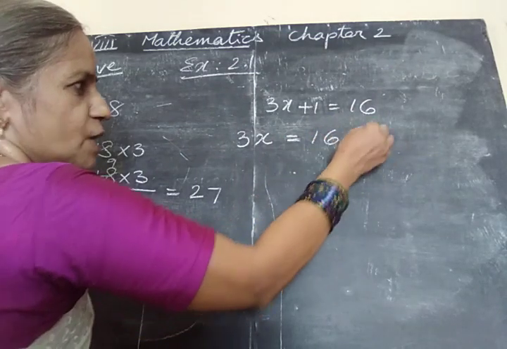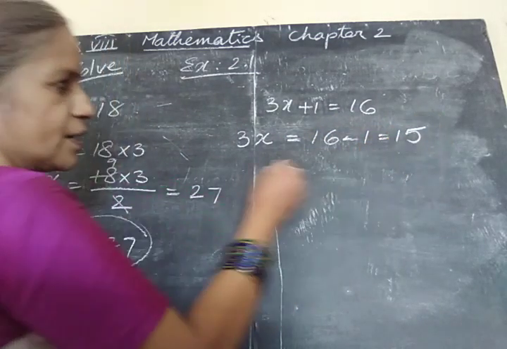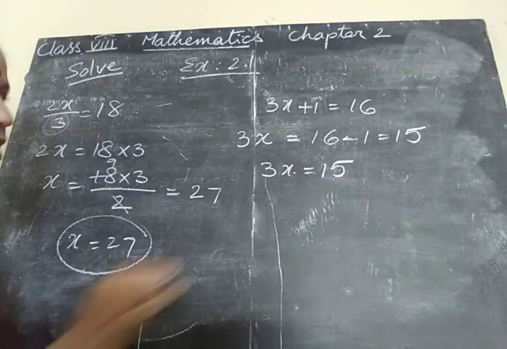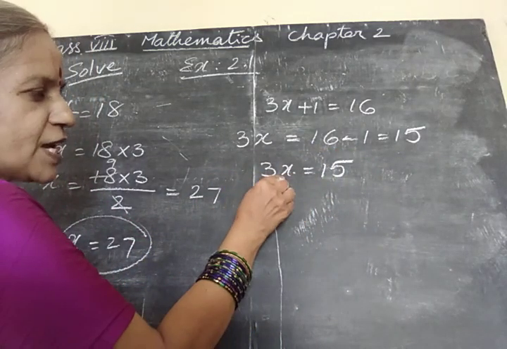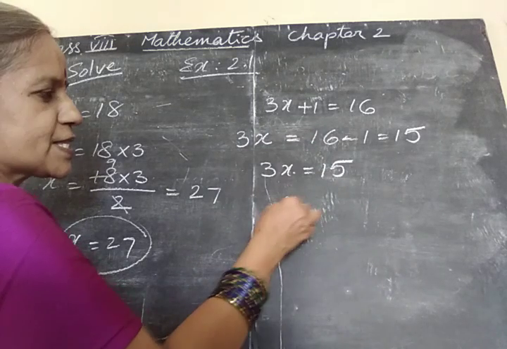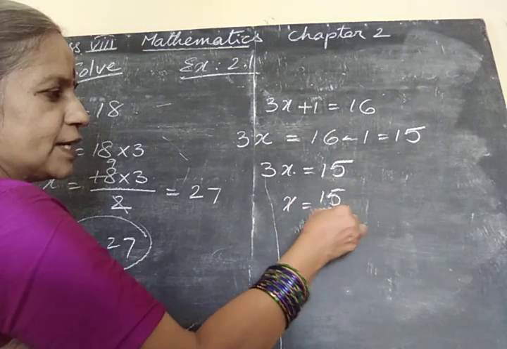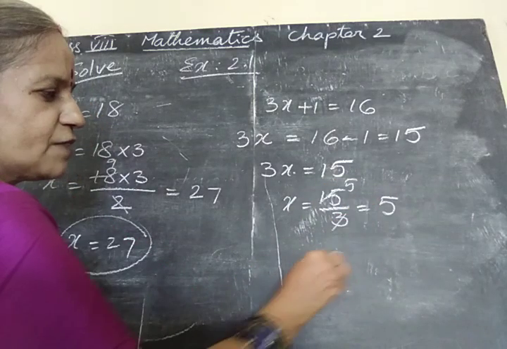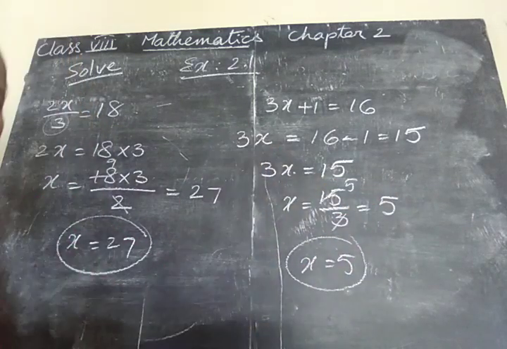So 16 minus 1 becomes 15. So we get 3x is equal to 15. 3x means 3 into x. Into, what do we have to do? Divide. So x is equal to 15 by 3. 3 fives are 15. So x is equal to 5. Finally the solution is x is equal to 5.